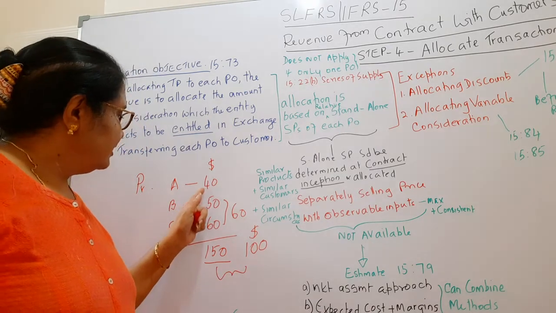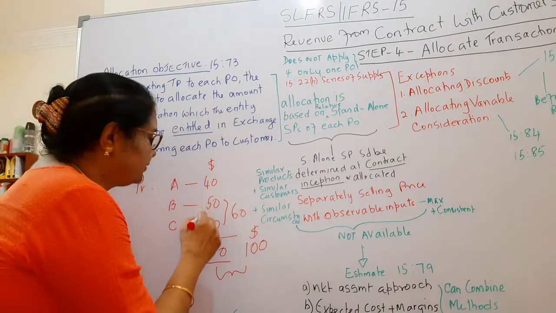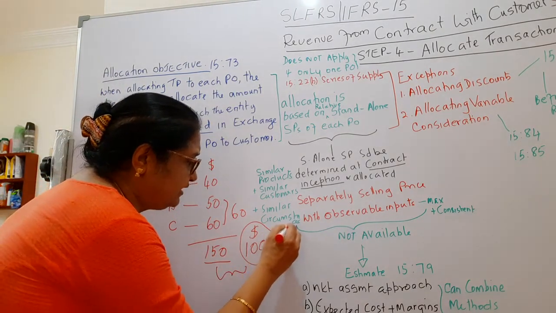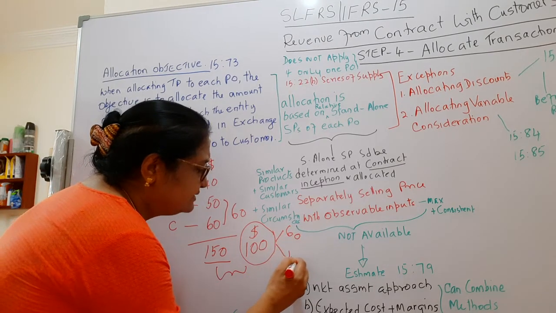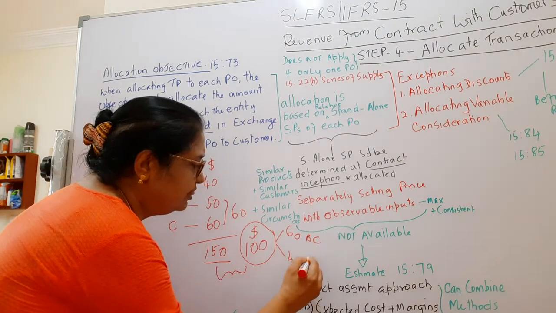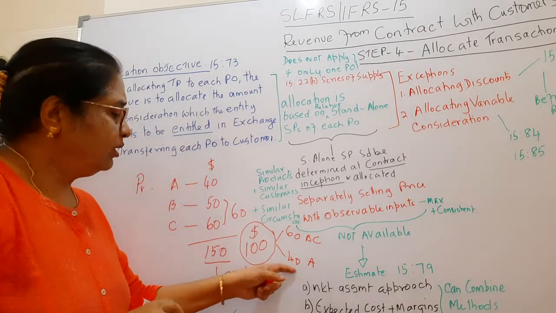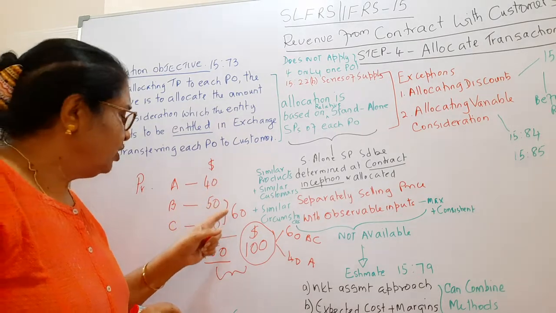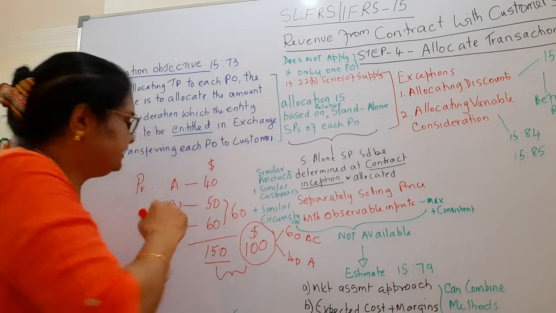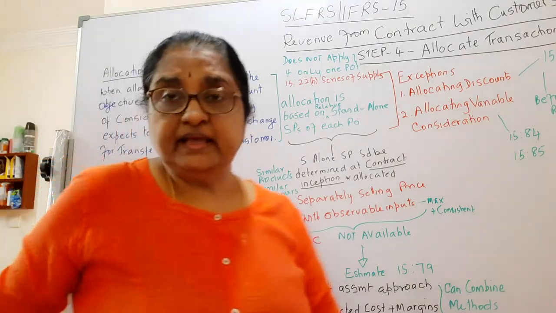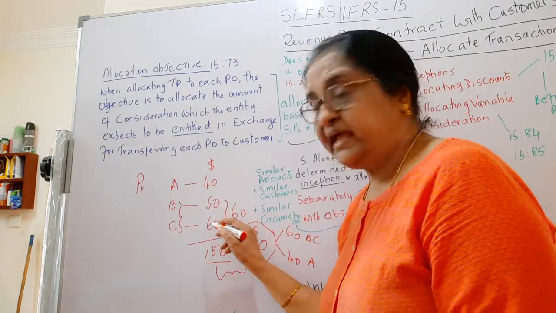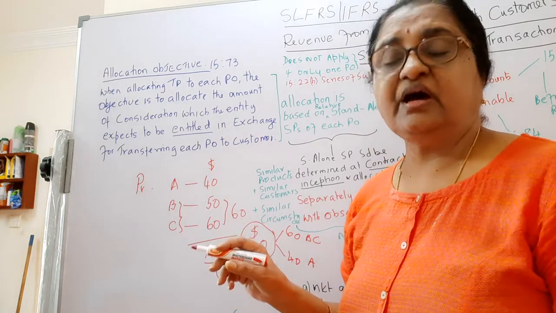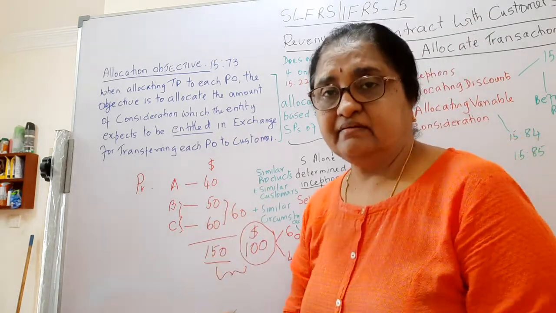So you see, the discount is for only these two products, because this transaction price of 100 is divided as 60 and 40. 60 is for products B and C, 40 is for product A. The 40 reflects the standalone selling price of product A. Only products B and C are given at a discount. So this discount can be allocated based on the relative standalone selling prices to these two products only. This is how the discount allocation works.